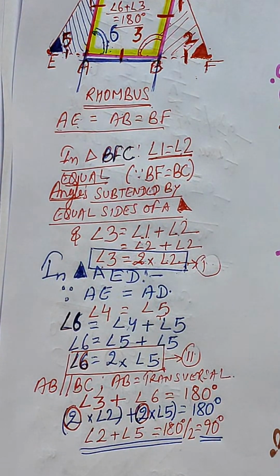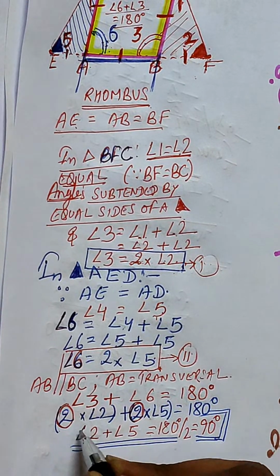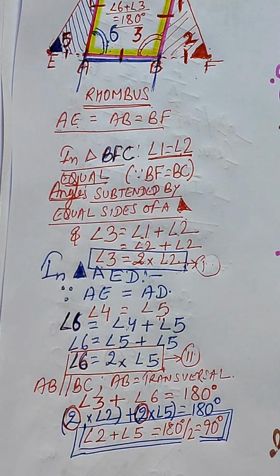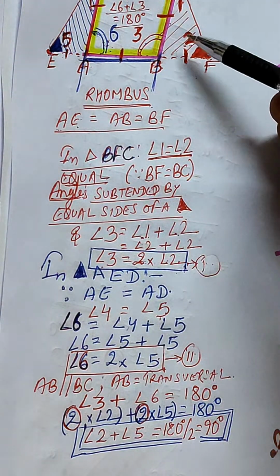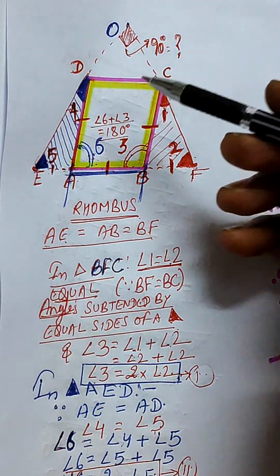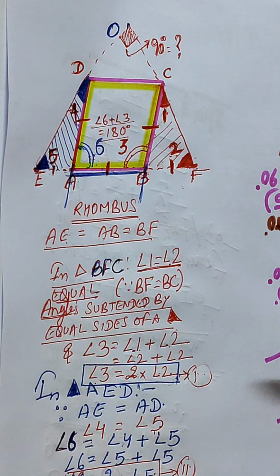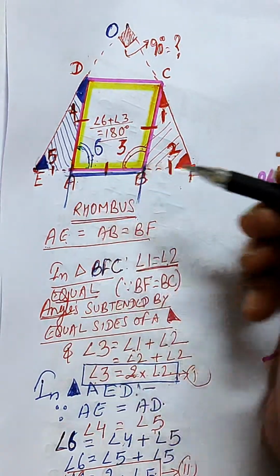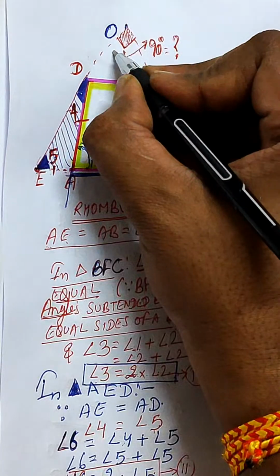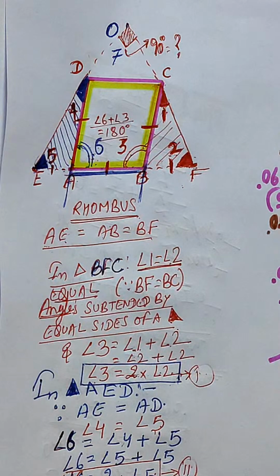Here you can see, right? So this 90 degrees which you have proved will help you to solve your question almost 100%. Let us see how. Since angle 2 plus 5 is 90 degrees, and this is the triangle which is formed, triangle EOF. So the sum of all the angles, let's say this angle is angle number 7, that is angle COD, right?